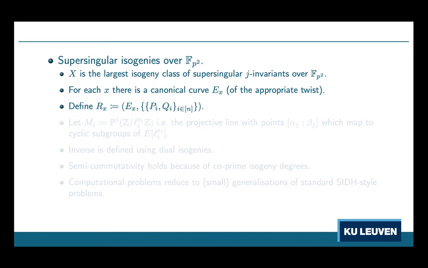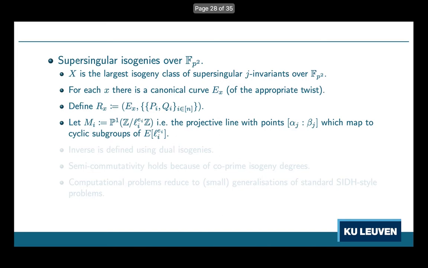We had 2 torsion subgroups that we were working with. But the idea is that each of these torsion subgroups can be represented by many different bases. So we allow the representative of any j-invariant X to have these many bases which all represent the same subgroup. So given these elements, we can then define our masking sets.